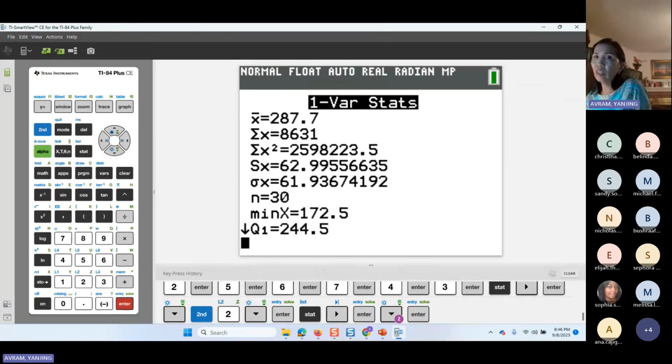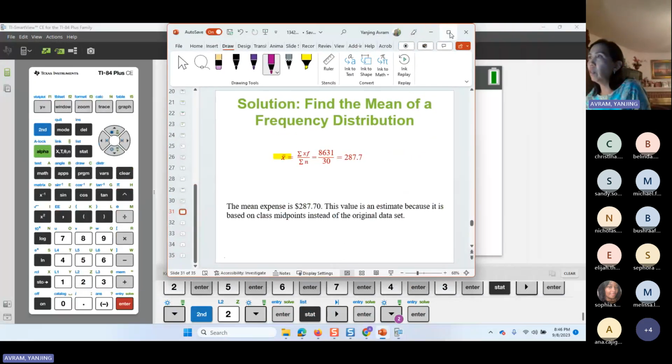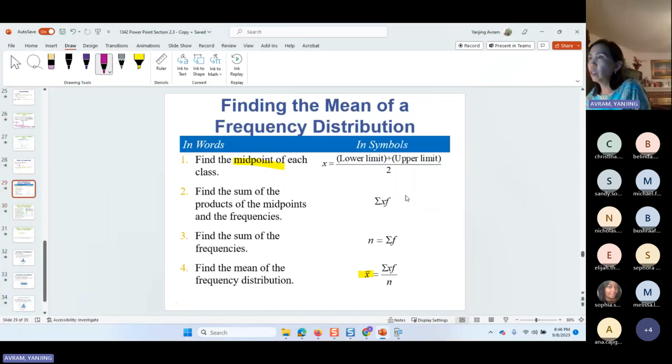All right, so that is really quick and easy. Instead of doing the 4 steps in here, step 1 you still have to do by hand: you still have to find the midpoint first. But the calculator can help you do steps 2, 3, and 4 all at once. Okay, so that is the weighted mean.